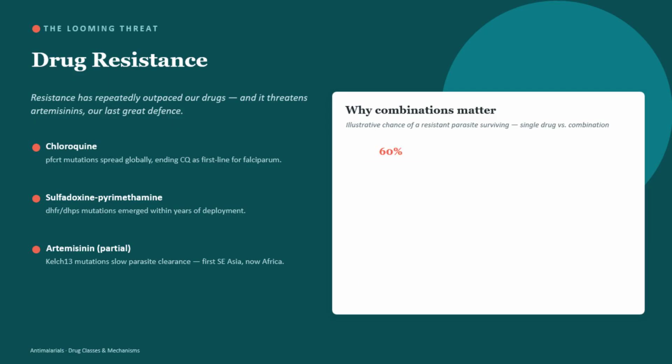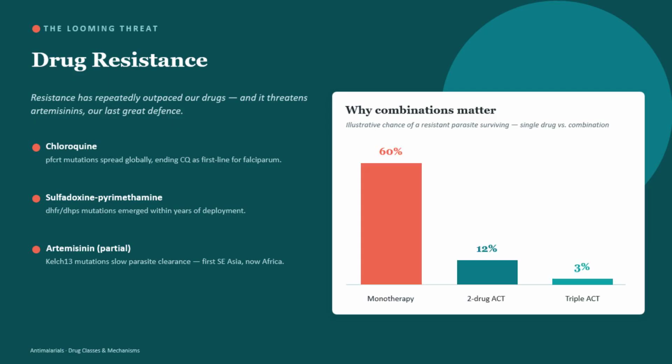Let me spend a moment on the recurring threat in this whole story, which is resistance. Chloroquine fell to PfCRT mutations. SP resistance emerged within just a few years through DHFR-DHPS mutations, and now partial artemisinin resistance, driven by Kelch13, is spreading from Southeast Asia into Africa.